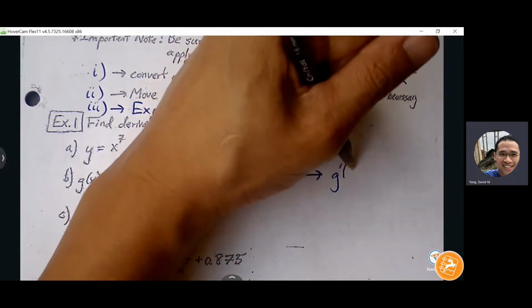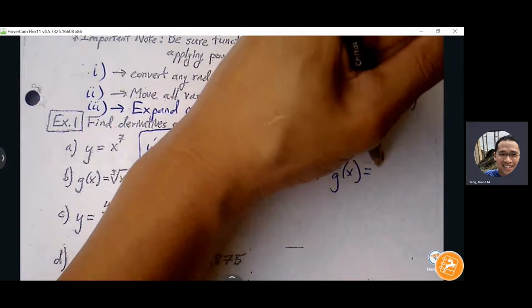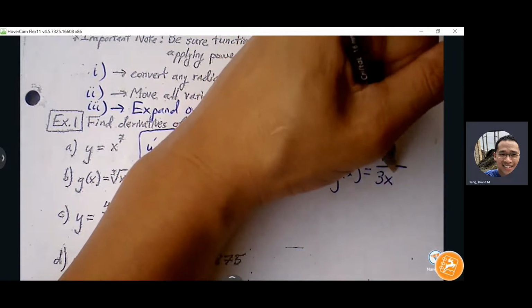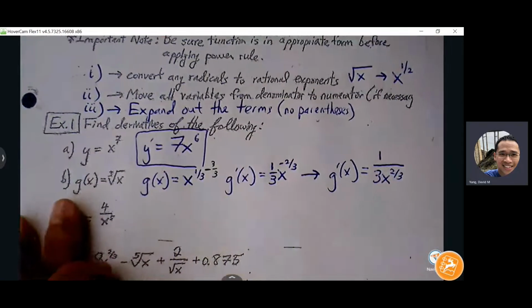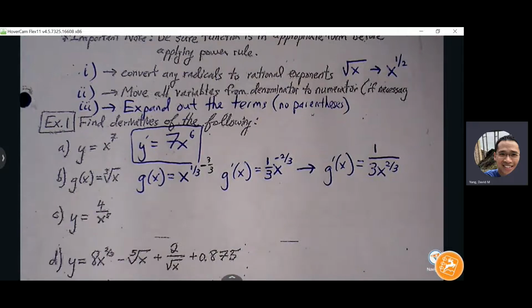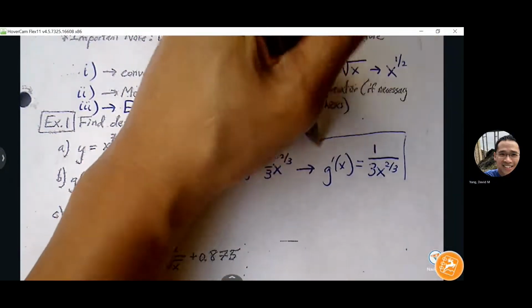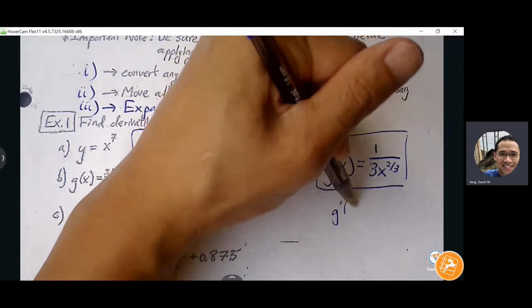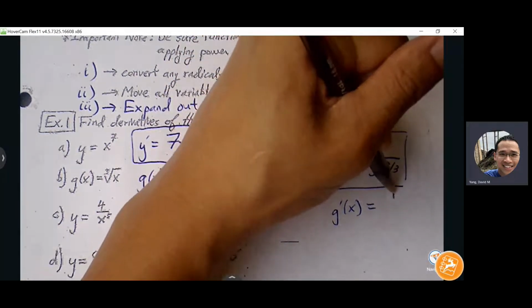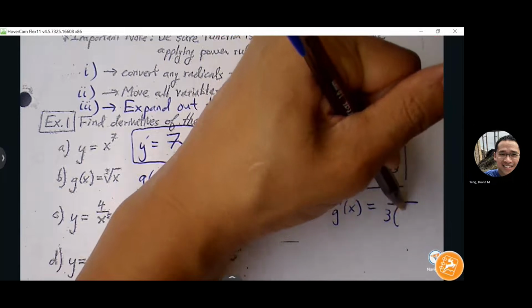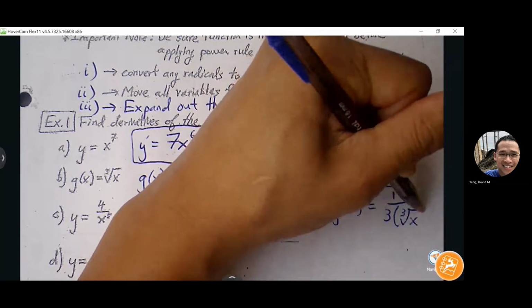So g prime of x is equal to 1 over 3x to the 2/3. So we'll make that x share the same space as that 3. Or if you want to convert it back to radical form, that is fine as well. Either is fine.